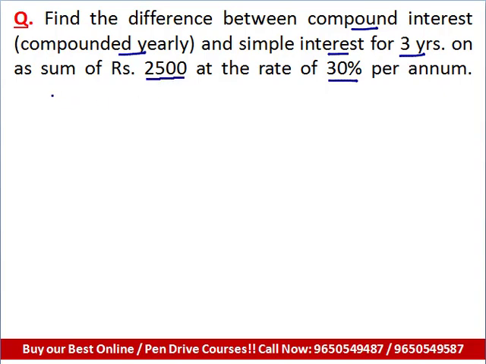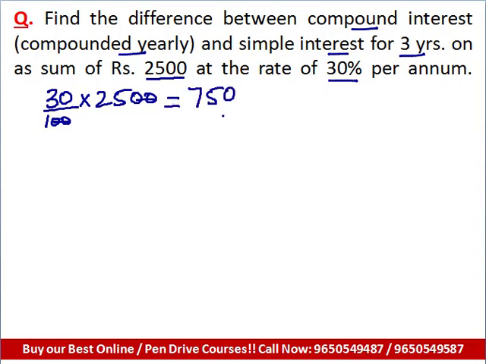So 30% of 2,500. 30% is nothing but 3 by 10. You could have straight away written 3 by 10 or you can write 30% as you wish. So 30% of 2,500 means 750 rupees.